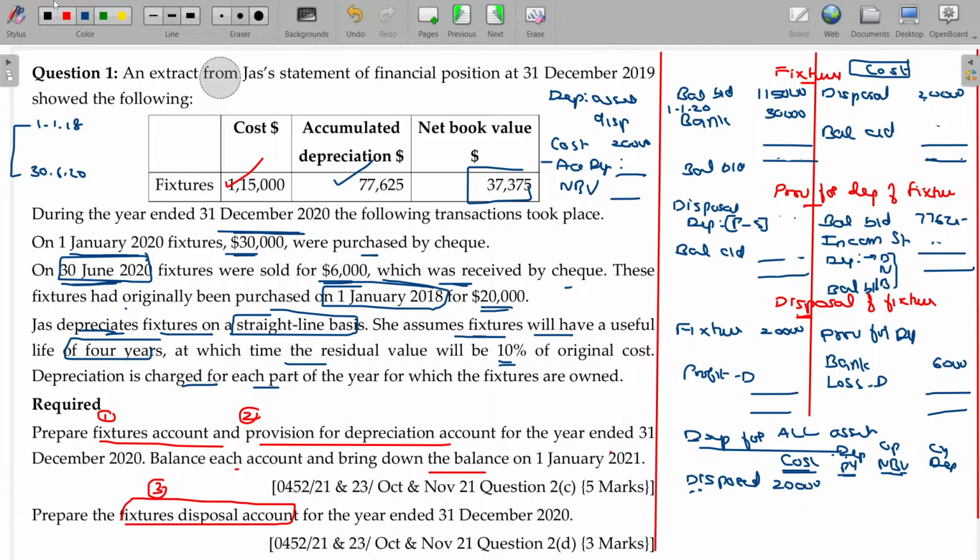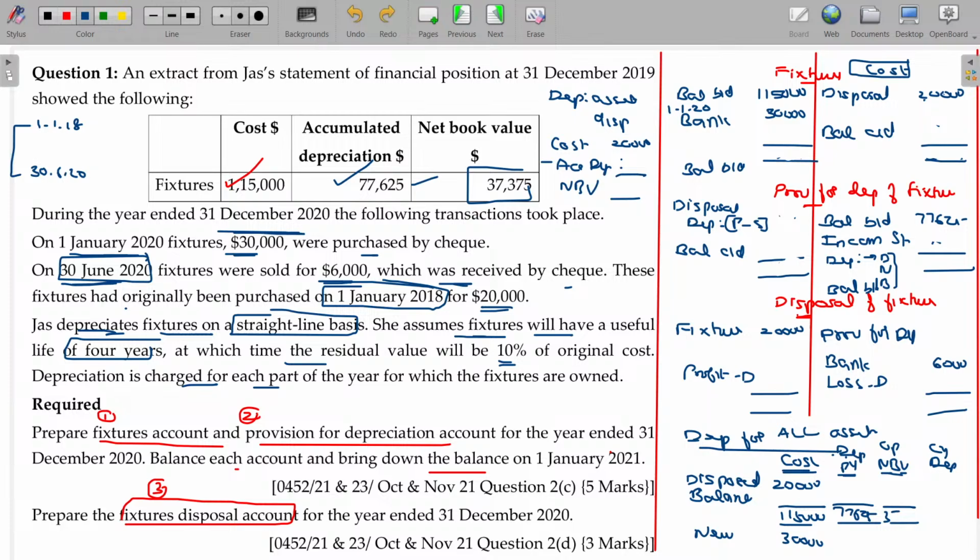Okay. Disposed asset and balance asset, the total being 1,15,000, and then you can take the new asset, being 30,000. Accumulated depreciation on this being 77,625. Net book value of this one being 37,375.